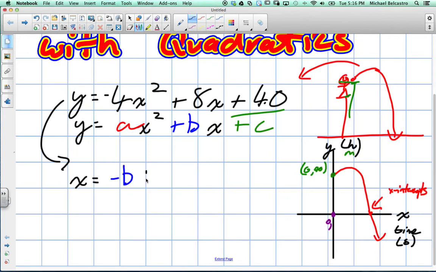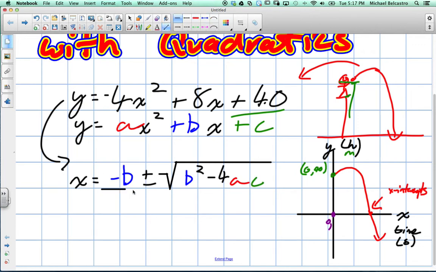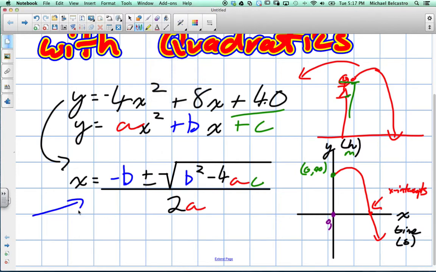Negative b plus or minus the square root of b squared minus 4 times a times c, all divided by 2a. This quadratic formula is always in reference to standard form, our a, b, and c.